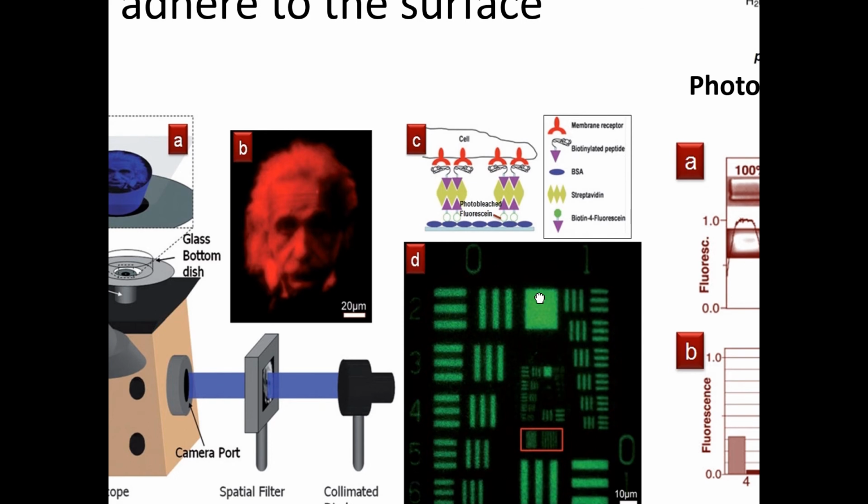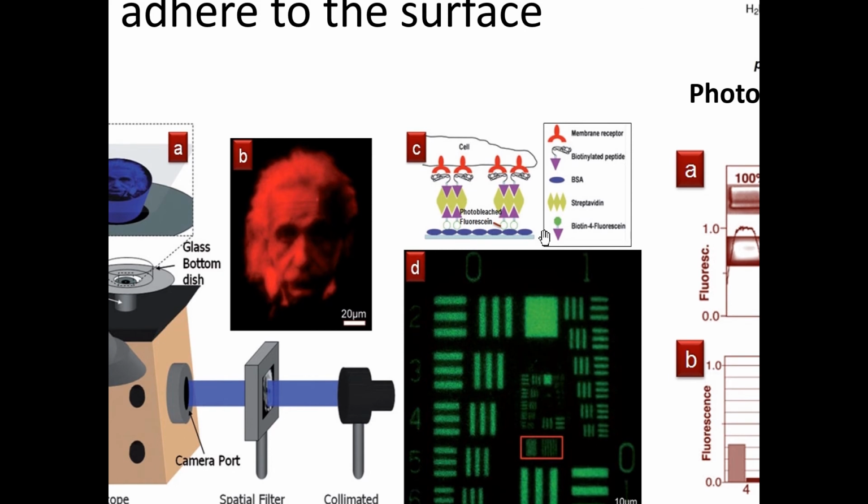Now, if you want to attach cells, we'll get to that later, but if you have a biomolecule, this has something called biotin at the end of it. Biotin attaches very strongly to something called streptavidin. If you ask any biologist what's a good binding chemistry, they'll tell you biotin streptavidin. That's one of the first very well-known bindings in biochemistry.